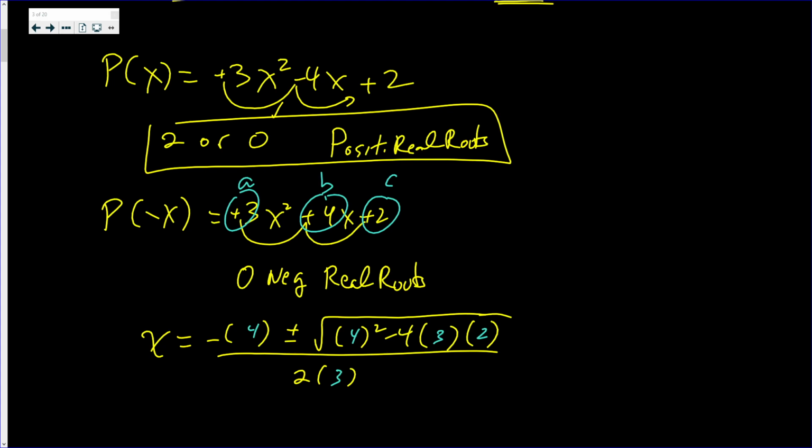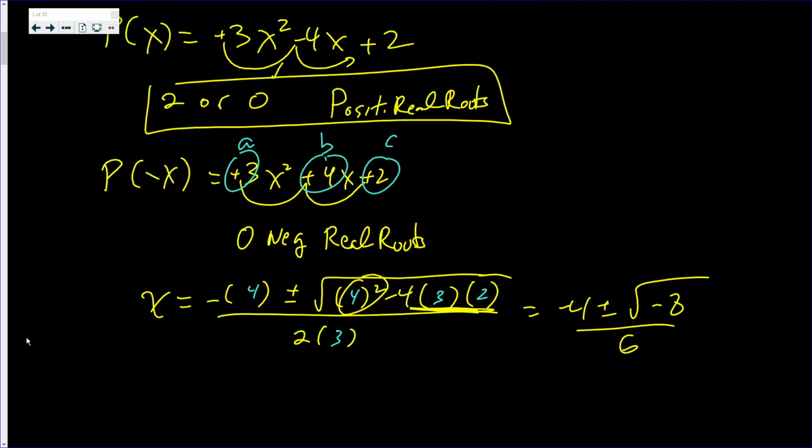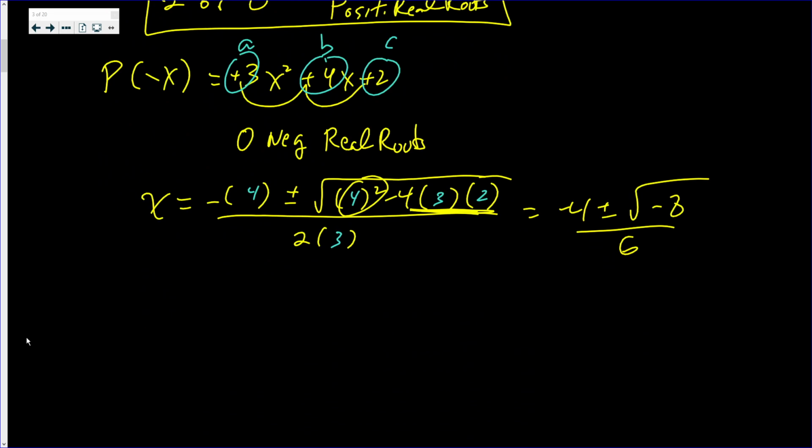And we get negative 4 plus or minus the square root of 16 minus 24, which is negative 8, over 6. So we're going to get 2 complex roots. That is, we're going to get 0 negative real roots, as we already knew, and 0 positive real roots.